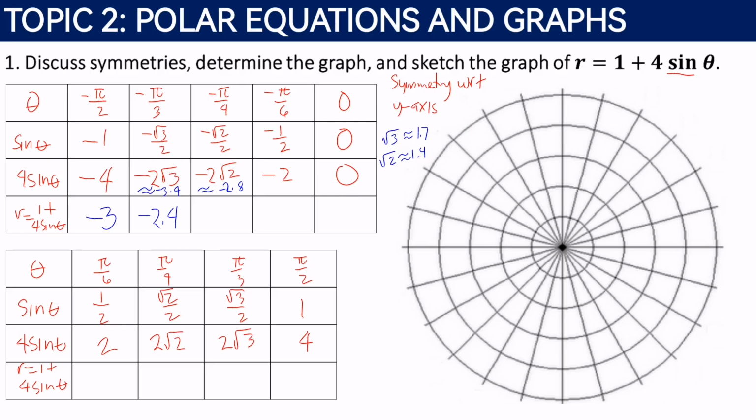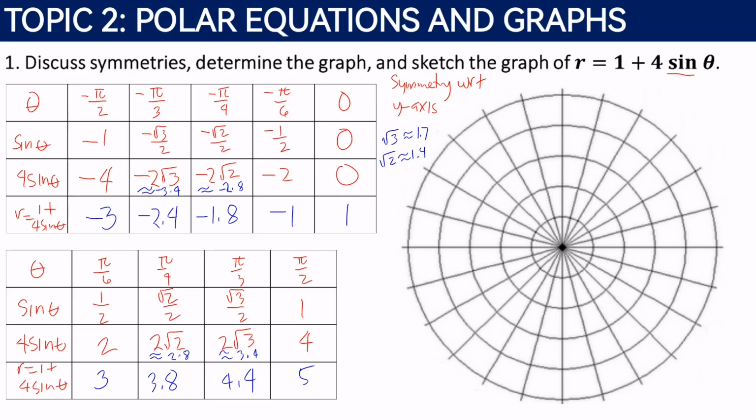So this will be 1 plus this one, negative 1.8. Then, 1 plus negative 2 is negative 1. This is 1. This is 3. This is approximately equal to 2.8, and this is 3.4. So adding that, I have 3.8 and 4.4, and this is 5.